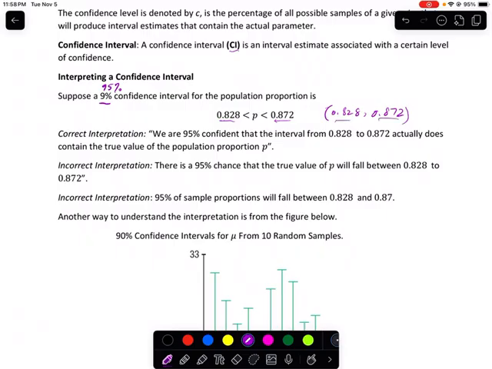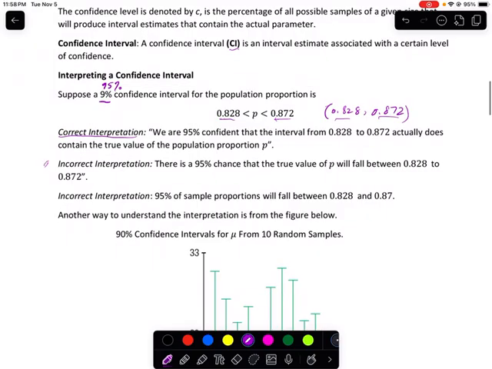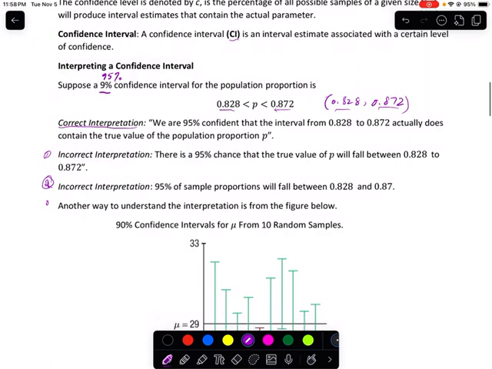I have two incorrect interpretations here. So what is the correct one? When we have created a confidence interval like this, we write the interpretation. Sometimes the question asks to interpret, sometimes it doesn't, but it's always a good idea to interpret.